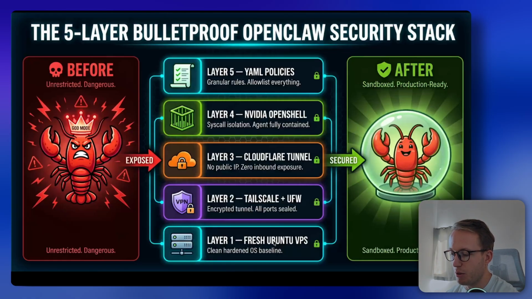So we start with a fresh Ubuntu server, and then we use Tailscale VPN plus the firewall to harden the access to the server, and then on top of that a Cloudflare tunnel so that no public IP is exposed and everything is routed through Cloudflare to our server. And then on top of that, the NVIDIA Sandbox where we run our OpenClaw or other agents, and then we define the policies, what can go in and out and what it's allowed to do. And this turns the unrestricted OpenClaw agent into a production-ready lobster.